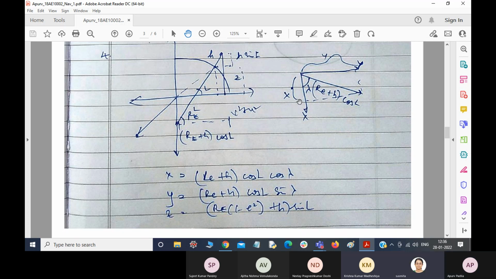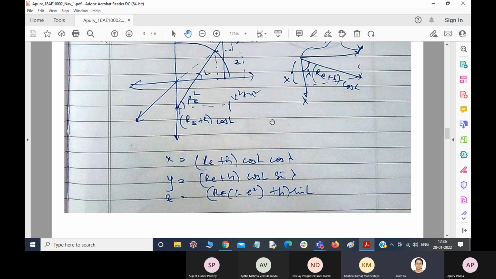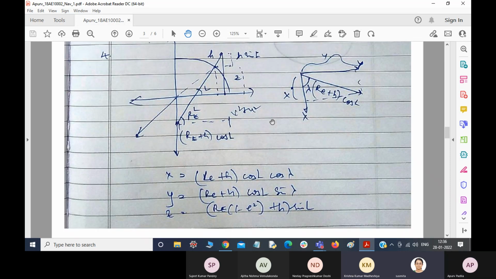No, X and Y I understood, but the Z one I don't think is correct. Whatever separation you have shown does not give the final expression you have written. So you need to show the intermediate steps. Do it properly. Okay, ma'am.